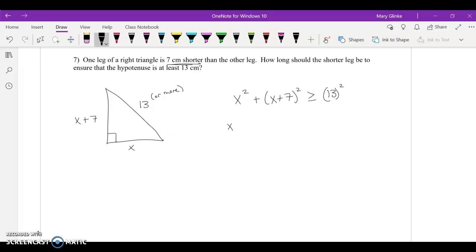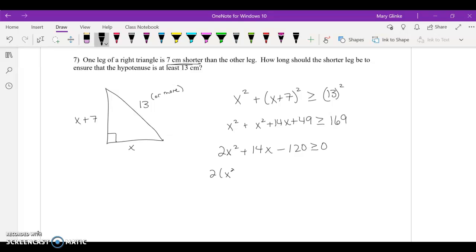So we can go ahead and solve this inequality. x squared plus 14x plus 49 is greater than or equal to 169. And then we're going to go ahead and get everything to one side. So 2x squared plus 14x minus 120 is greater than or equal to 0.